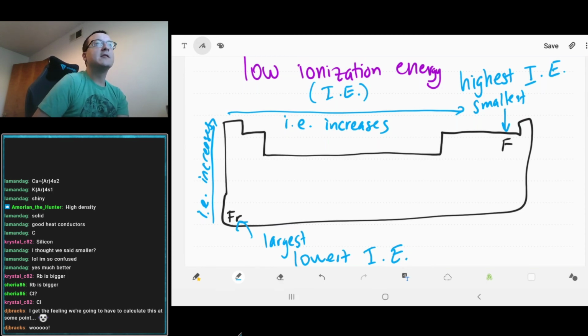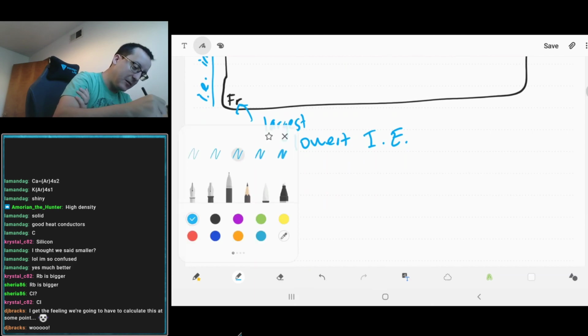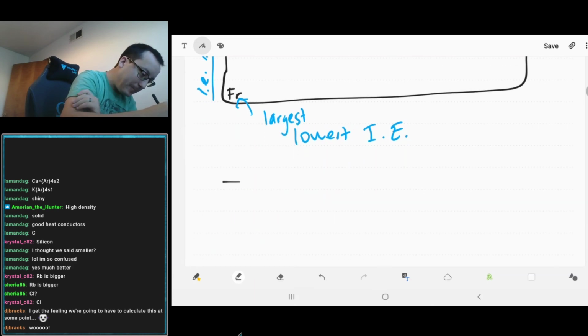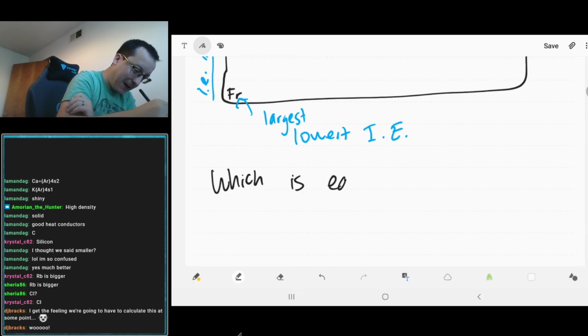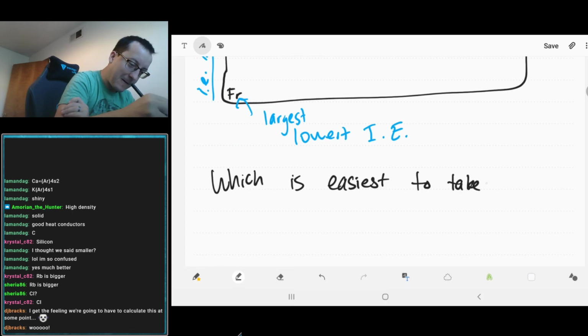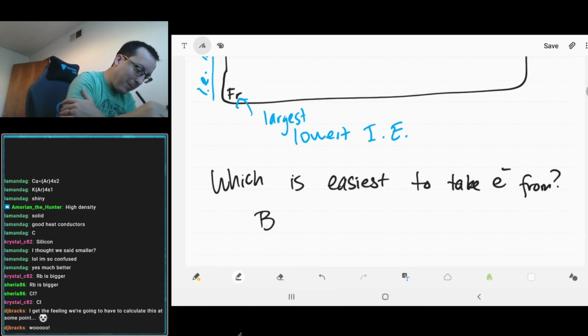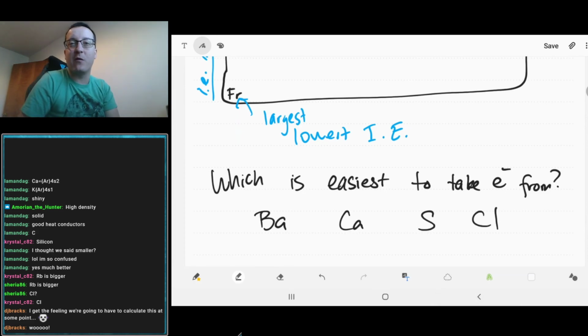Cool. So this will be the same thing. Which is easiest to take an electron from? Let's take those 4 same elements from before. Let's digest this question.